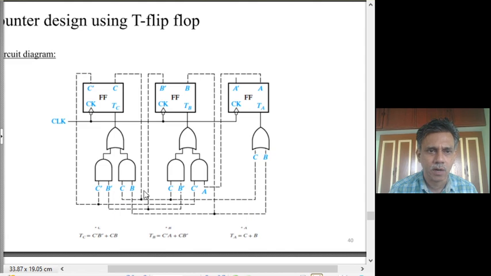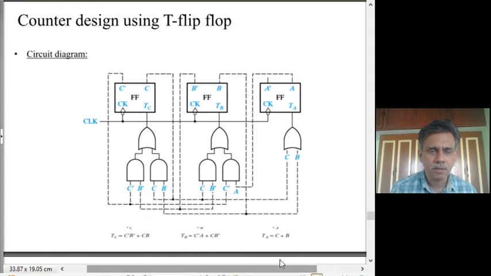They are shown in dotted lines. This is C and this is B. Okay. And for TB, it is CB bar plus C bar A. And for TC, it is CB plus C bar B bar. Okay. So this is how the design for the T flip-flop can be done.